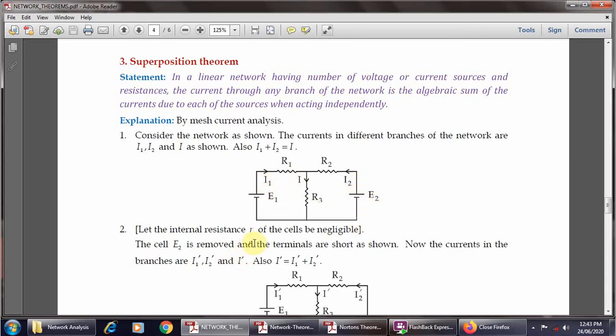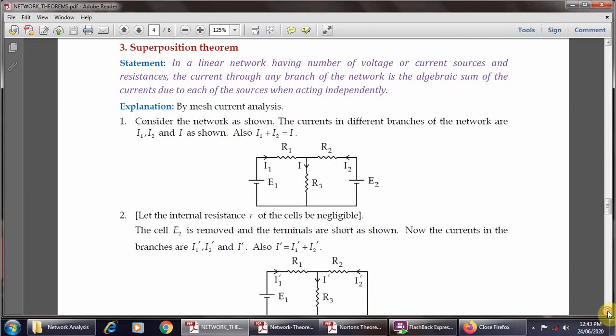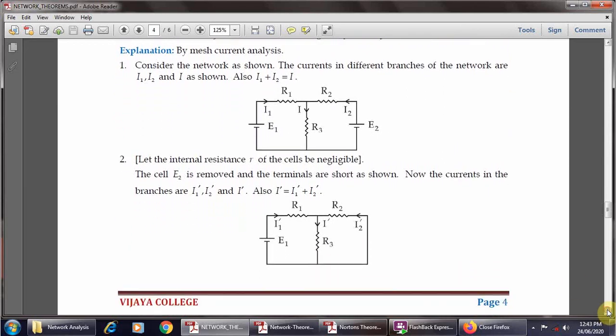Let the internal resistance R of these cells be negligible. That was considered for the previous theorem, the maximum power transfer theorem. Now the procedure: if more than one voltage source is given, at a time only one voltage source is used, either E1 or E2.